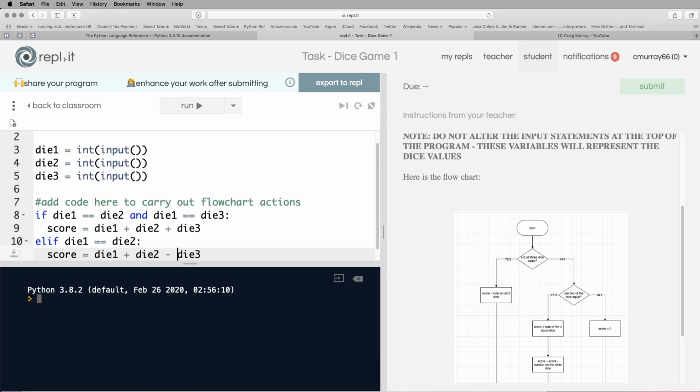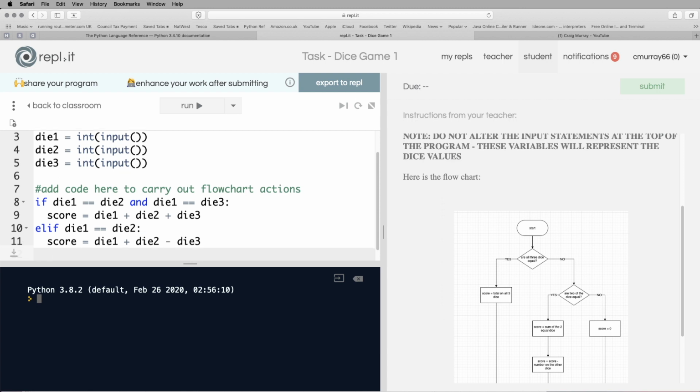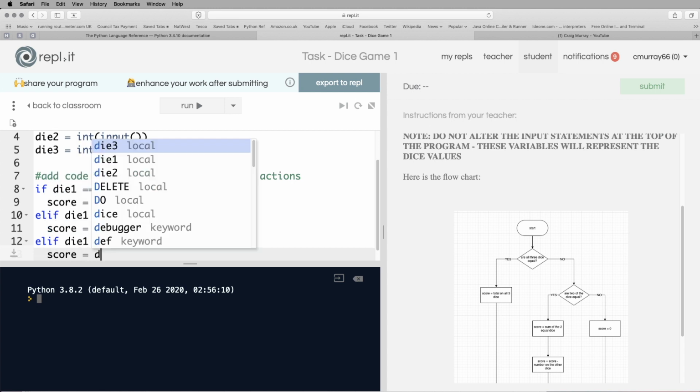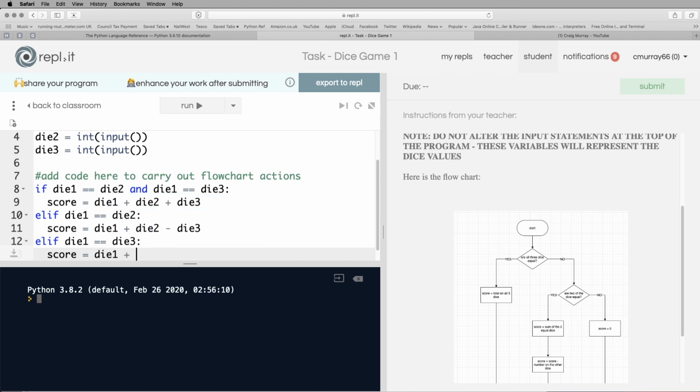Okay. ELIF die 1 is equal to die 3. Then the score is equal to die 1 plus die 3 minus die 2.